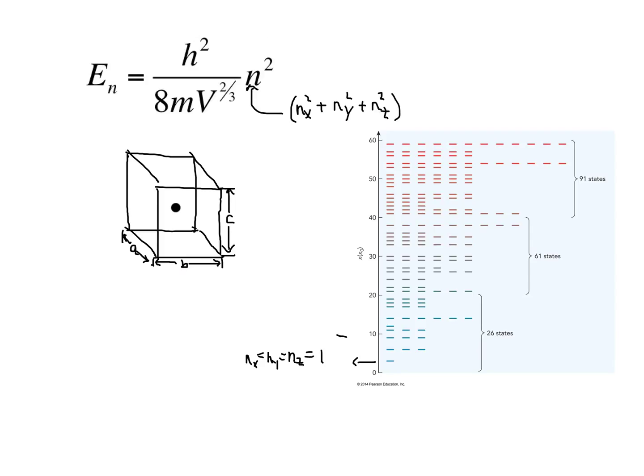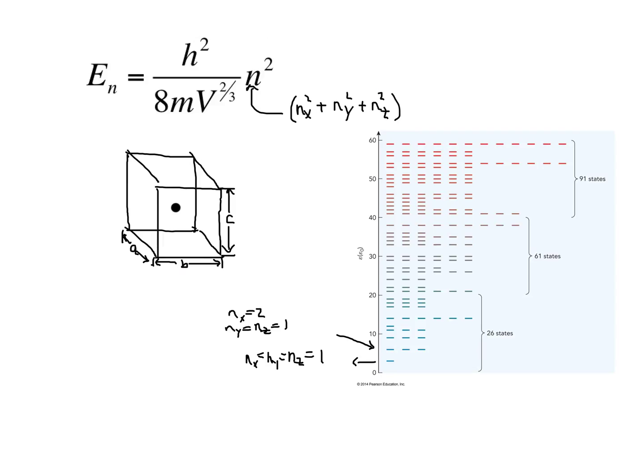The next higher energy level would have one of those quantum numbers in the next possible quantum state, which is 2. So for instance, nx could equal 2, while ny and nz both equal 1.